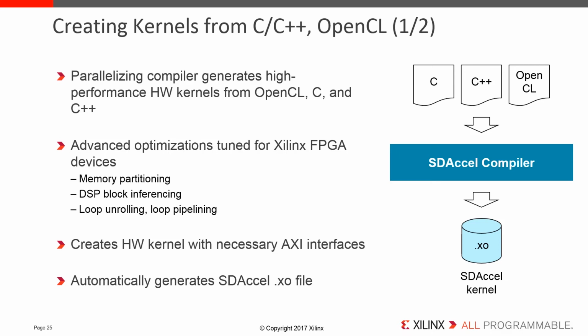The SDAccel compiler is able to extract parallelism from loop structures and has built-in optimization tuned for Xilinx FPGAs. A good analogy is to think of it as a cross-compiler targeting a special type of architecture. The output of the cross-compiler is a kernel package, or an XO file.